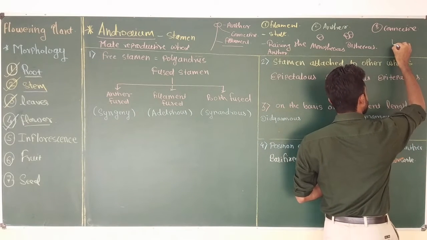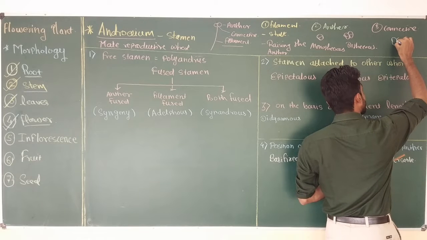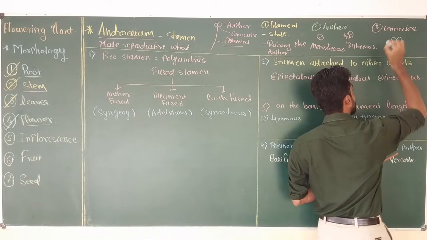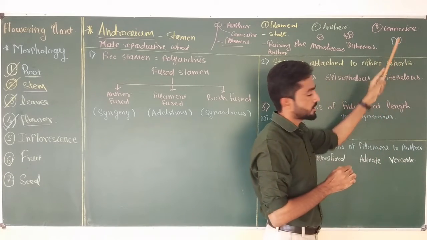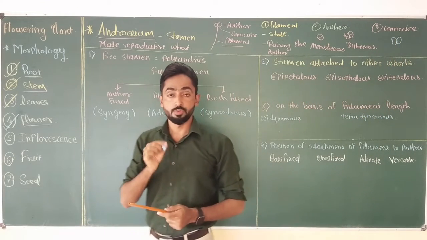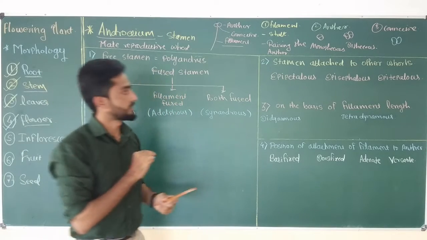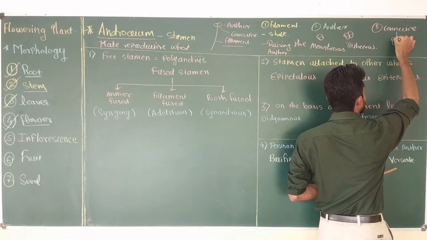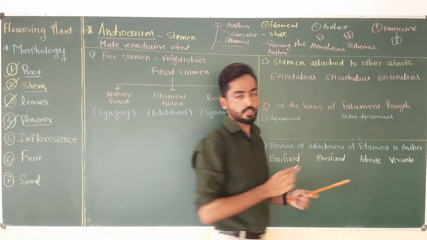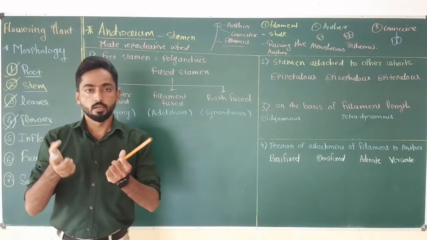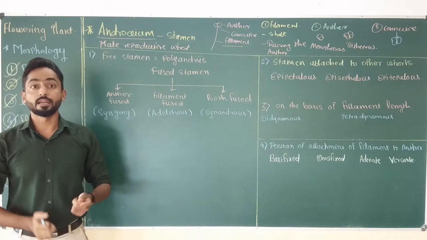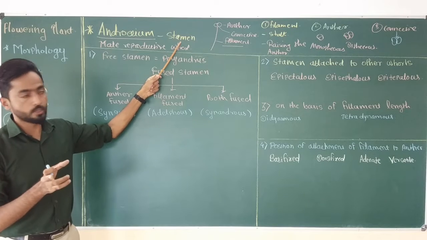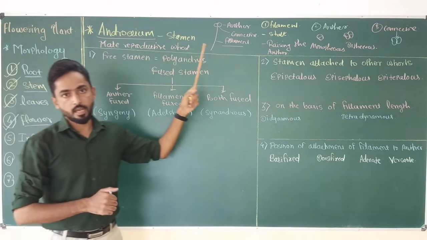Suppose this is the first lobe of the anther and this is the second lobe, and both these lobes get connected to each other by a midrib-like structure, which is a sterile tissue, and that structure is called connective. So this is the connective. The main function of the connective is to connect both the lobes of the anther in case of dithecous anther.